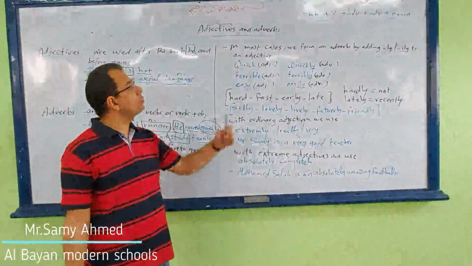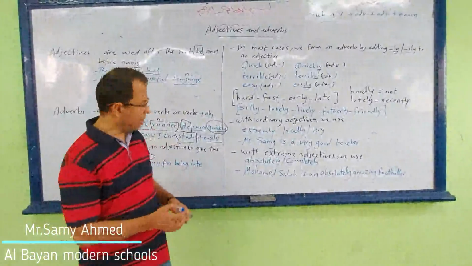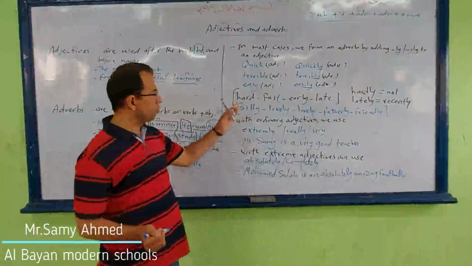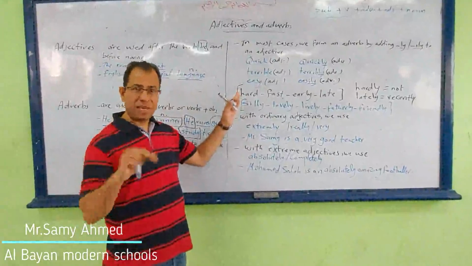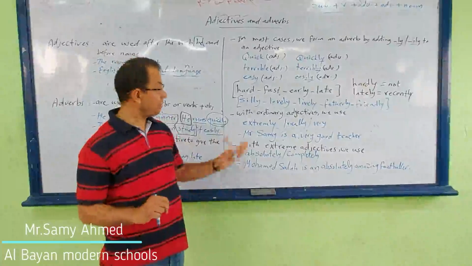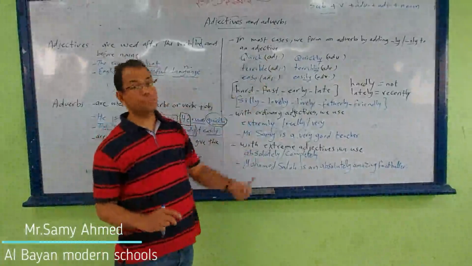So how can we use these words in adverb form? We use them as they are. We use the word hard in both adjectives and adverbs at the same time. How do we know? If this word is followed by a noun, it is an adjective.